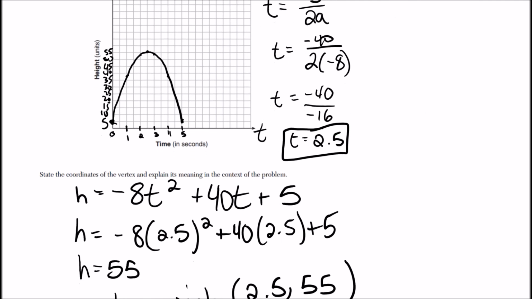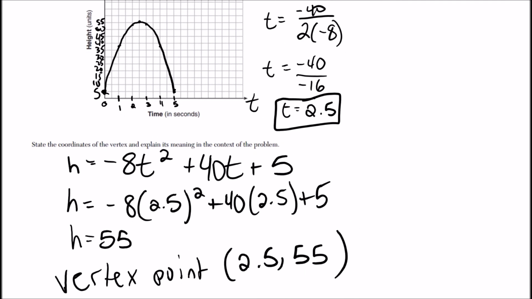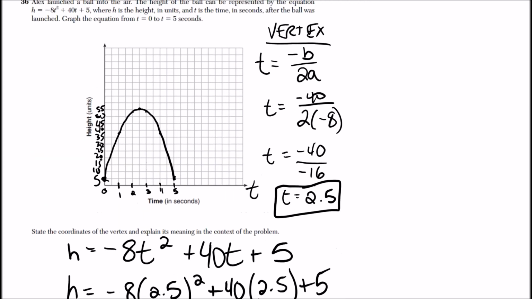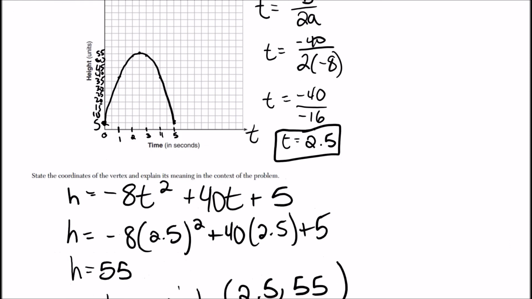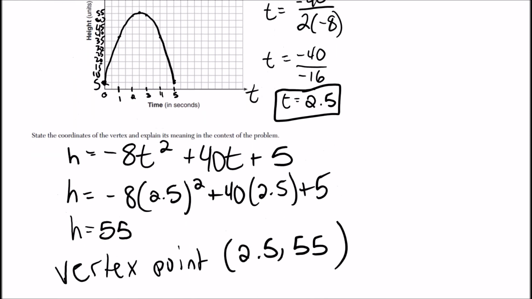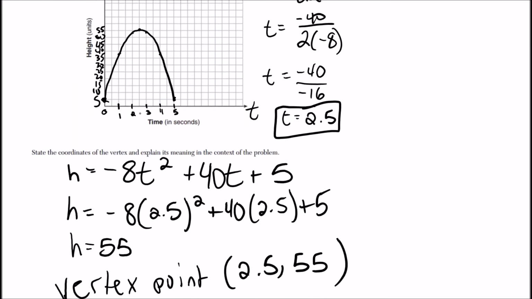And then the last thing, it wants us to explain the meaning of the vertex in this problem. Well, we're dealing with him launching a ball into the air. So what we're saying by this vertex point is in 2.5 seconds, it will reach its max height of 55.